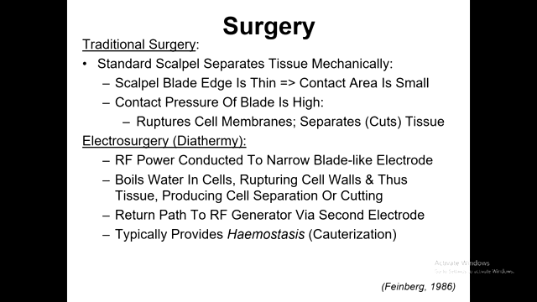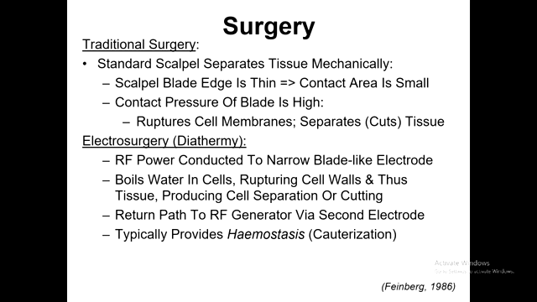Okay, traditional surgery with a scalpel has got some issues with it. So we separate tissue mechanically, and there's a lot of pressure on the blade because the actual cutting surface area is quite small, if you'll appreciate.